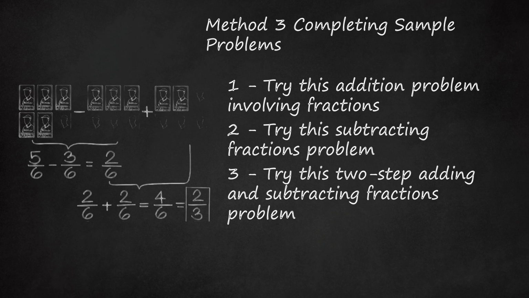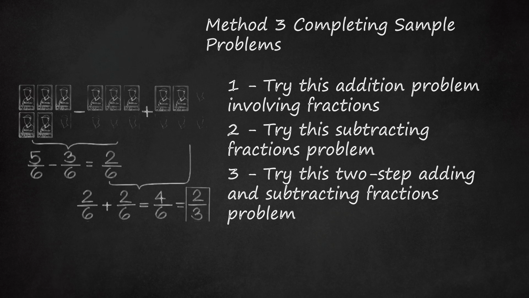Placing the sum of the numerators over the original denominator, you get 2/6 plus 2/6 equals 4/6. So, after she gets some cards from Grace, Donna has 4/6 of the set.